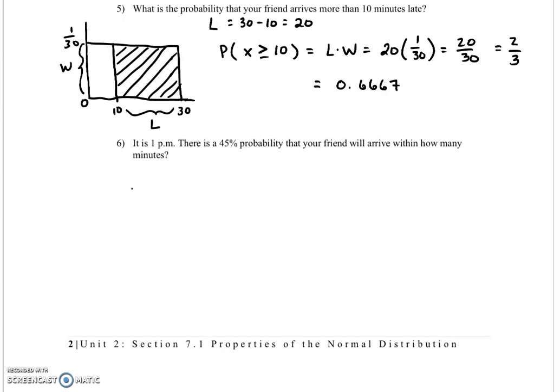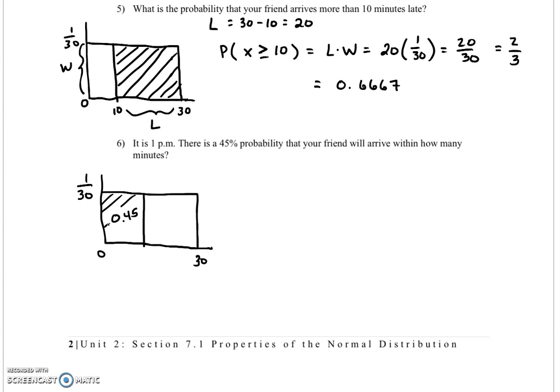Here's another one of the reverse way. So it's 1 p.m. There's a 45% probability your friend will arrive within how many minutes? Well, again, drawing our distribution. And so 45%, that's a little bit less than half. So 0.45.